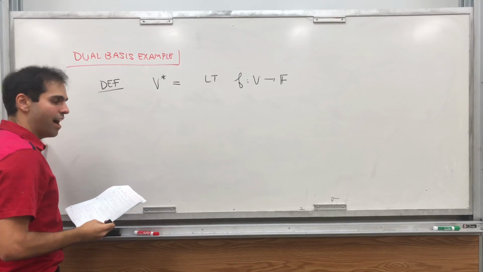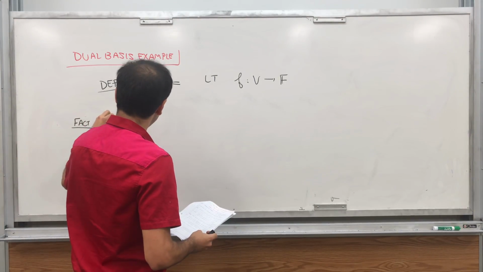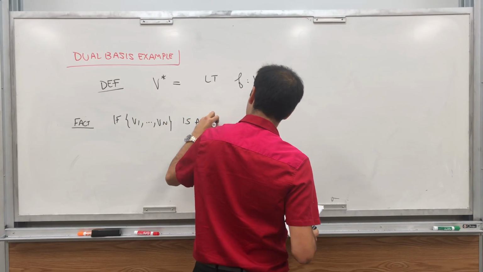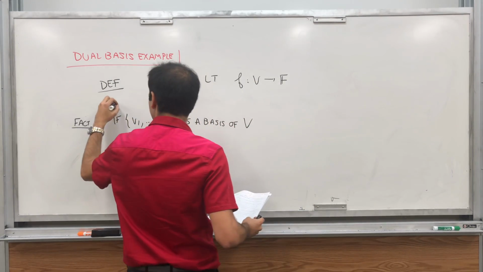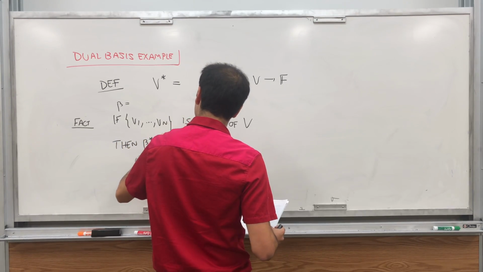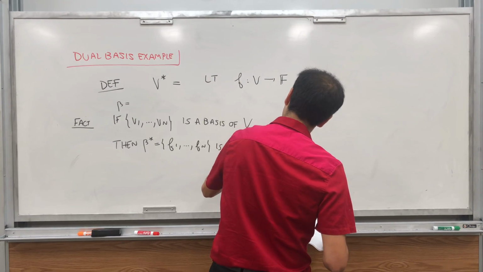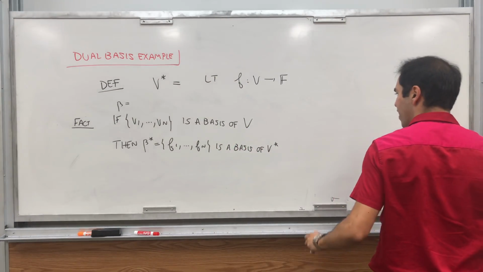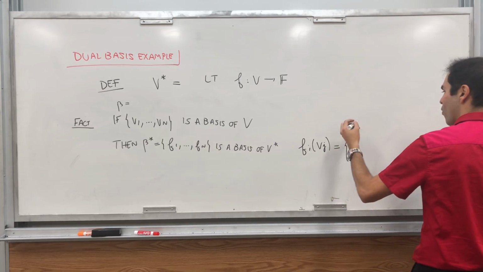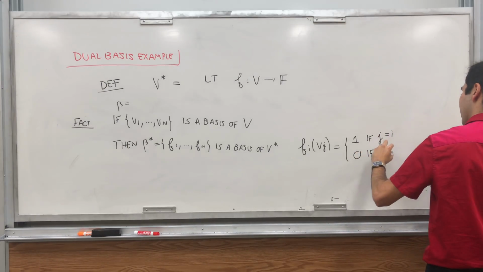And then we showed a nice fact, namely, if v1 up to vn is a basis of V, and let's call this beta, then beta star, which is f1 up to fn, is a basis of V star, where the fi are defined in terms of basis vectors: fi of vj is 1 if j equals i, and 0 if j is not equal to i.